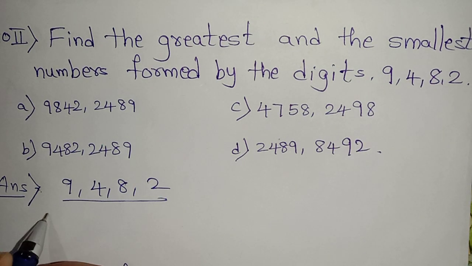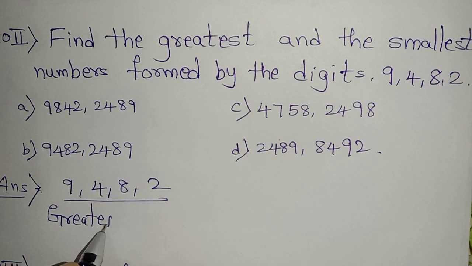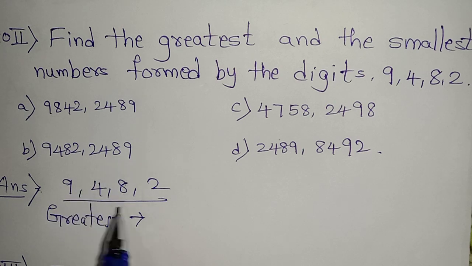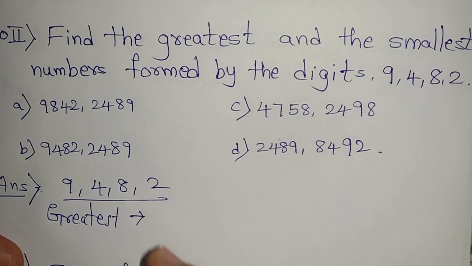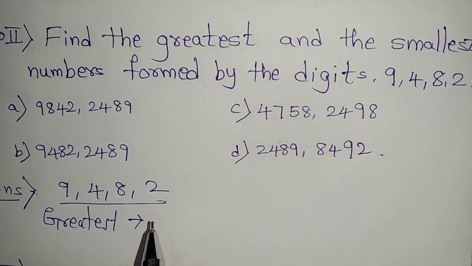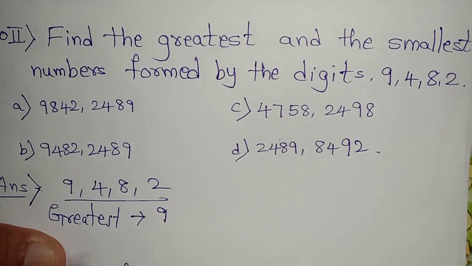First write the greatest number. For writing the greatest number, the simple technique is to write these digits in descending order, not ascending order, with the highest number first. The highest number is 9, so descending order is perfect for this.